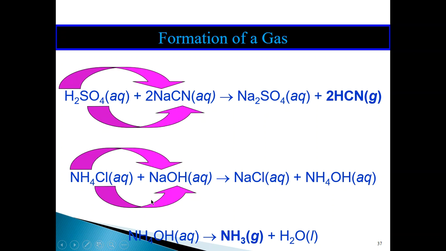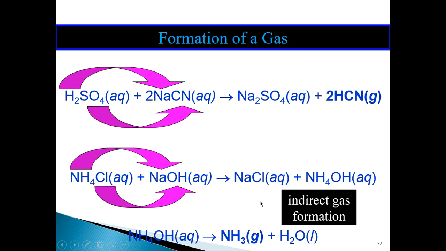So there are two types of reactions that are taking place in this particular reaction. The first reaction is a double displacement reaction, which results in the formation of sodium chloride and ammonium hydroxide, and then the ammonium hydroxide itself will undergo a decomposition reaction, the result of which would be the formation of ammonia. All right? Okay, so the gas is formed indirectly, in other words.